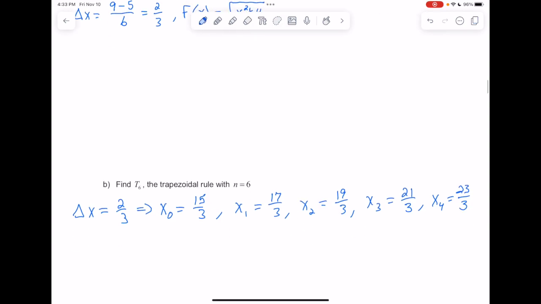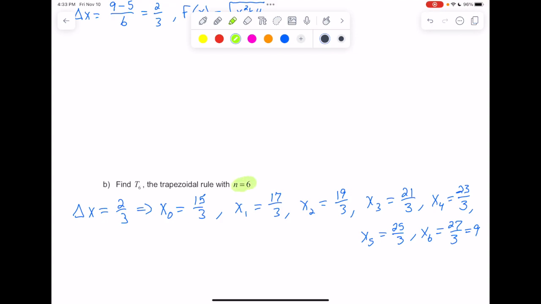And then finishing this off down here, x5 would be 25/3, and x6 would be 27/3, which is 9. So remember, when you reach your n equals 6, and we just reached that right there.